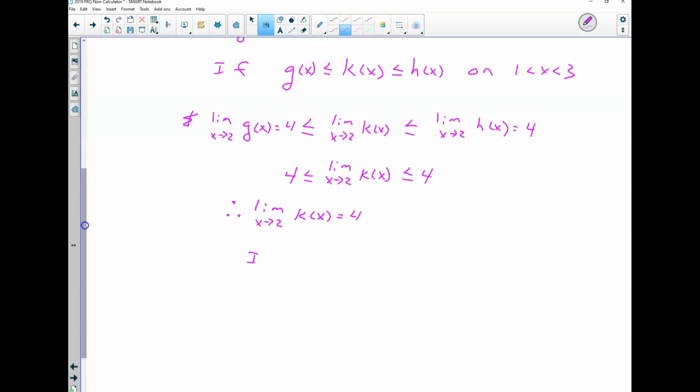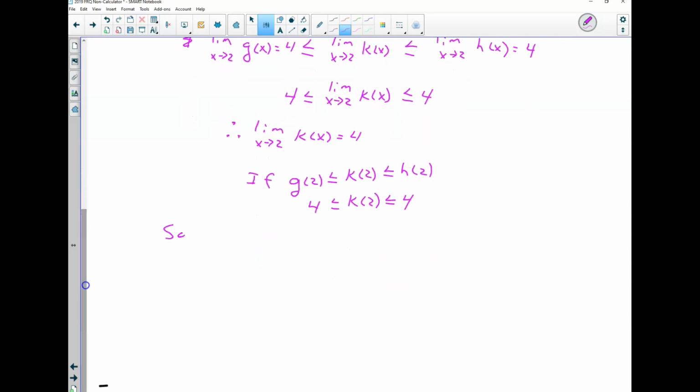And if g of 2 is always less than or equal to k of 2, less than or equal to h of 2, 4 is less than or equal to k of 2, which has to be less than or equal to 4. So the limit as x goes to 2 of k of x equals k of 2 equals 4. Therefore, yes, it's continuous.